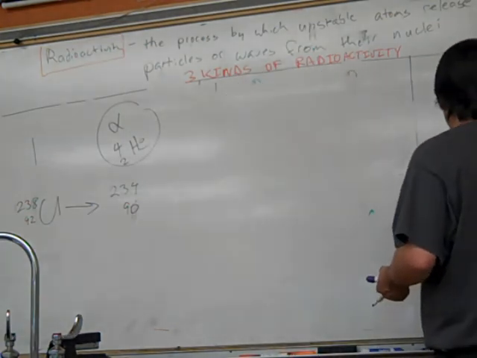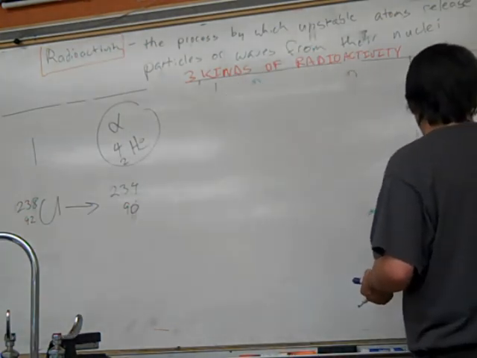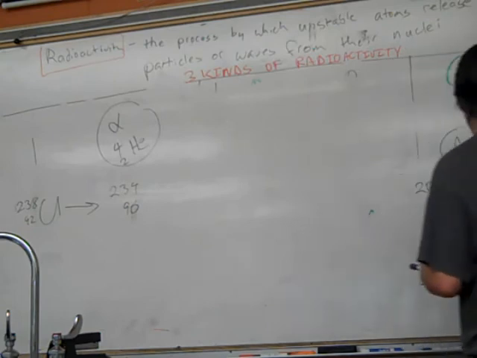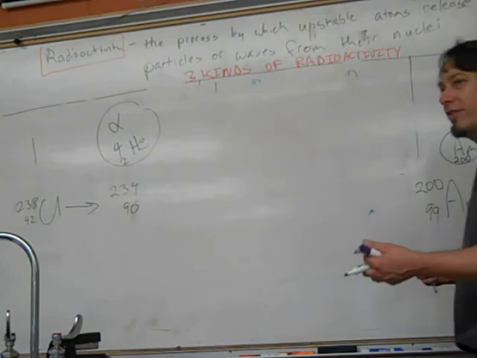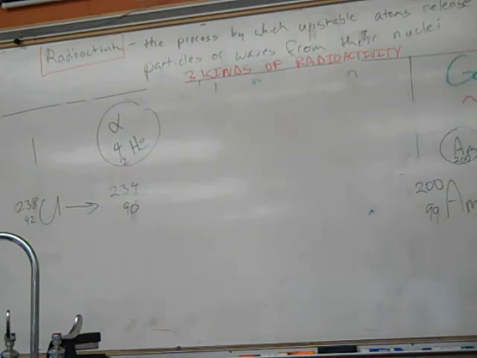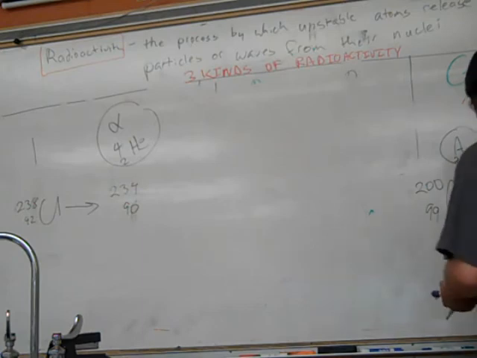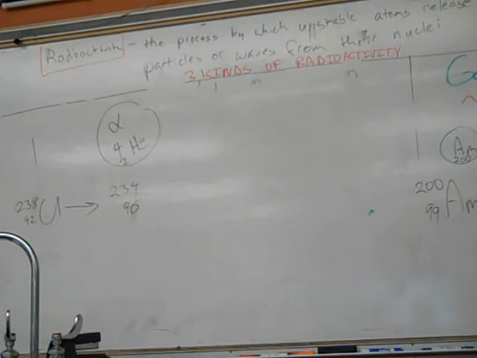So, americium 200 over 99 shoots out a wave of light energy, or it's not light energy, it's electromagnetic radiation, which is also known as 0, 0, gamma, because there's no protons or neutrons in it, and so it's 0, 0 plus the same thing you started with.